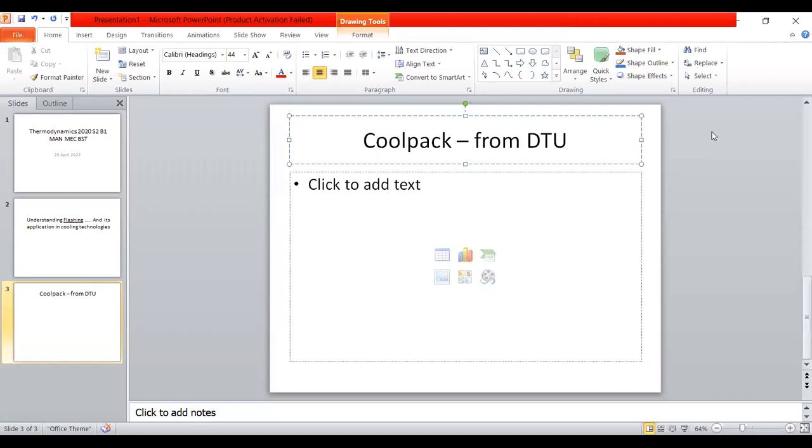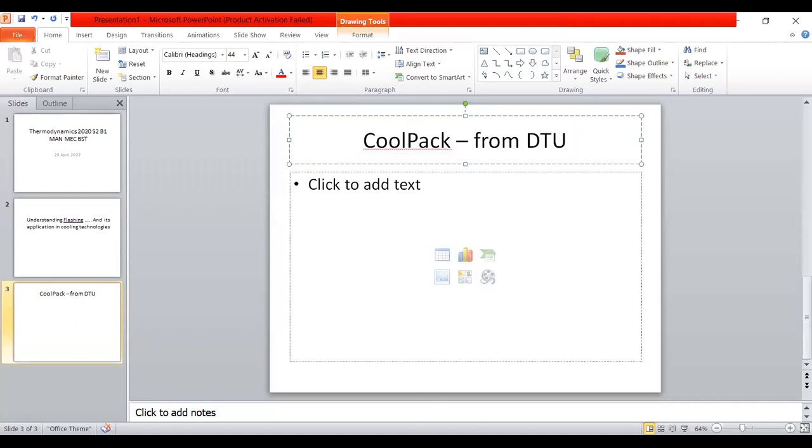This is quite famous software. We can have a lot of data. It's a database. So you better download this CoolPack from DTU.